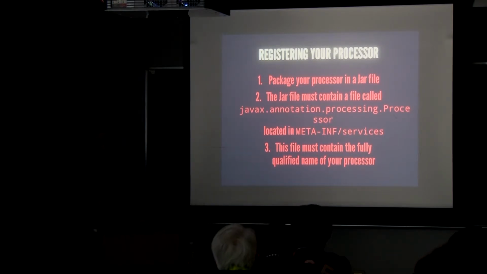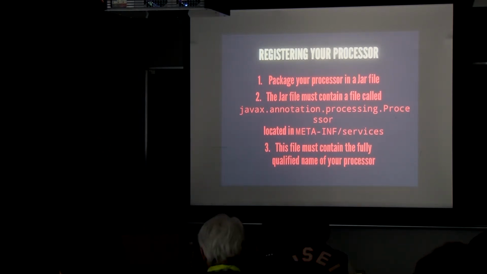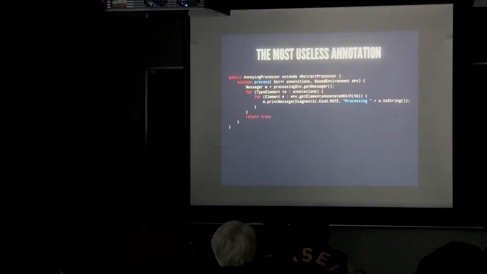This jar file contains a folder called META-INF that in turn contains another folder called services, which contains a file called javax.annotation.processing.Processor. And this file contains the fully qualified name of the class that is your annotation processor. So in this case, you would have package name dot AnnoyingProcessor in that file.